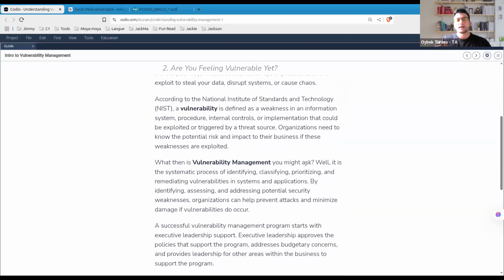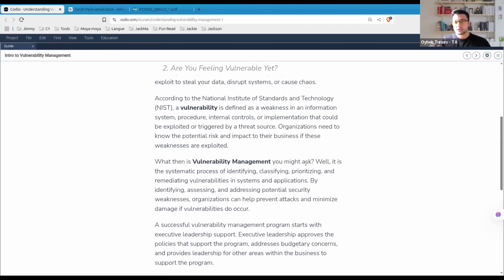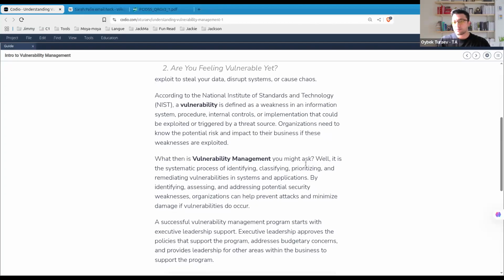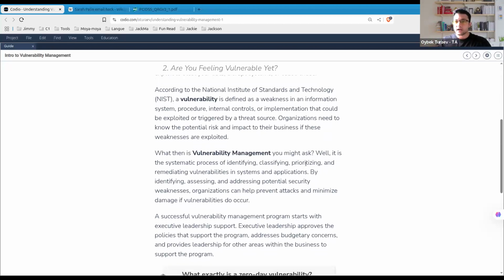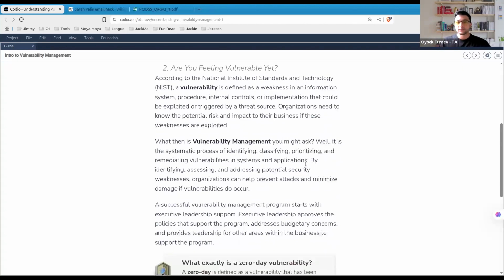In ethical hacking, it's always said that 99% of the time it's possible to find a way into systems or applications, through social engineering, human error, as you mentioned, or through some technical flaws or weak points. So vulnerabilities are everywhere, they exist, and we can fight against them effectively through vulnerability management.